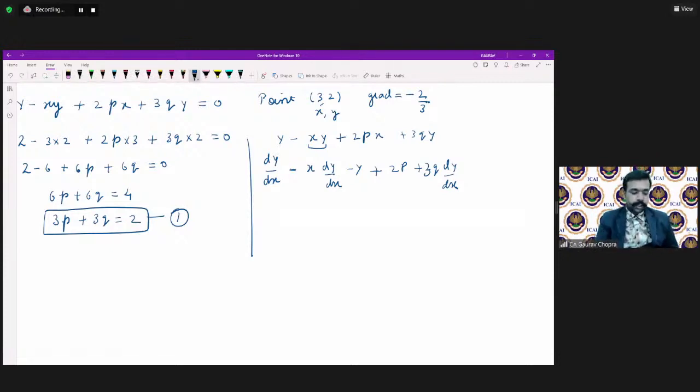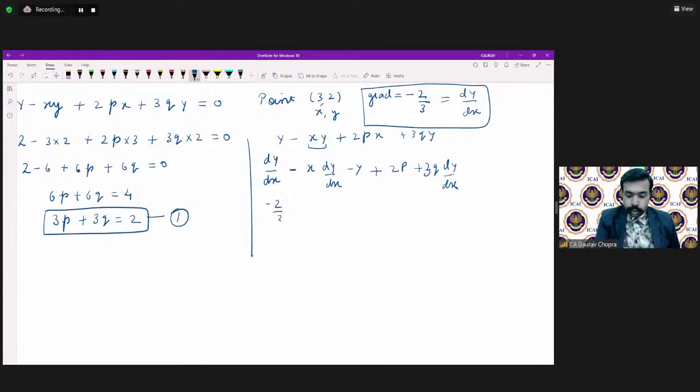So let us substitute the given values. Gradient means what? dy by dx. So in place of dy by dx, we are substituting minus 2 by 3. Okay. Gradient is given. So in place of dy by dx, we are writing minus 2 upon 3.